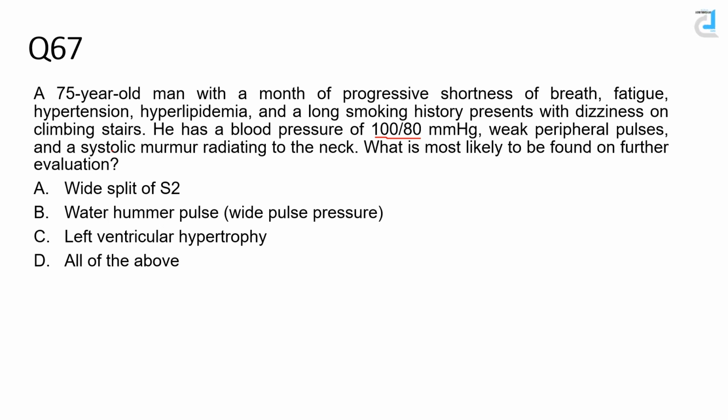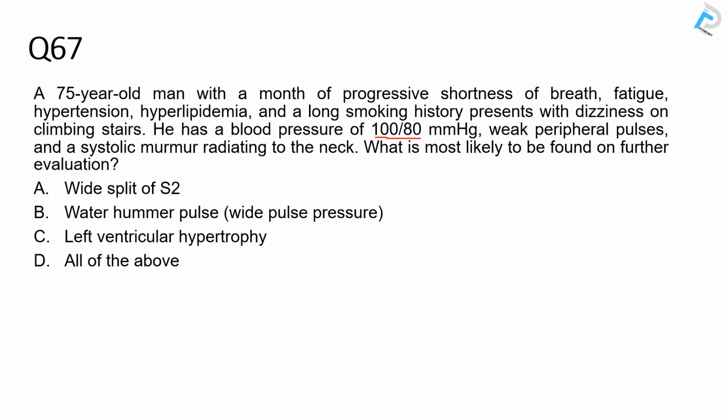That is because there is difficulty in the aortic valve to open, so while the blood flows out from the left ventricle into the aorta, it causes turbulence, and you hear the murmur. And because systolic pressure is low, the peripheral pulses are weak. Which is most likely to be found on further evaluation of this patient?